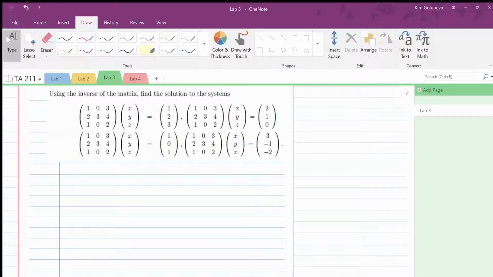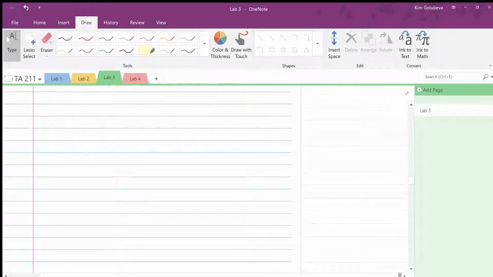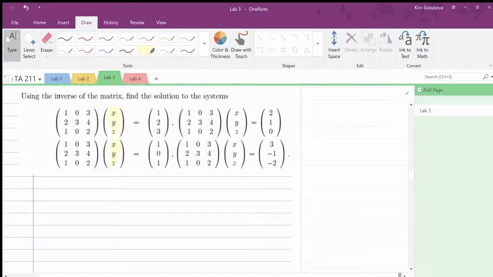All right, so this question is asking us to find the solution to the systems using inverses. So the solution to the systems meaning that we still want to find these x, y, and z values such that it makes the system true. So we're trying to find these that I'm highlighting right here.